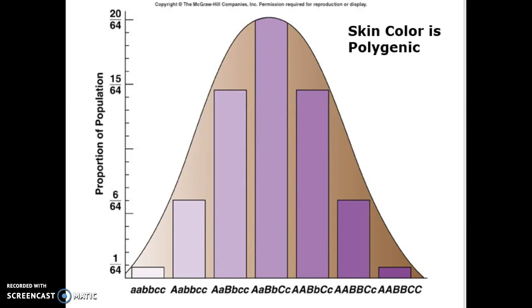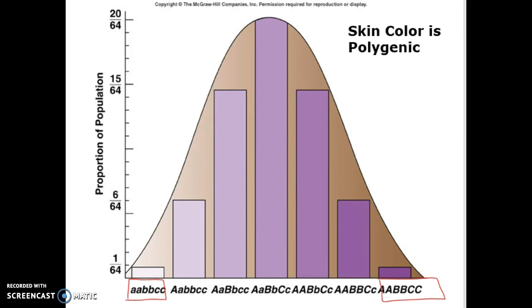Our skin color is due to multiple genes. All right, so think about individuals who have all recessive alleles. Light complexion over here. Individuals who have all dominant alleles, dark expression. So skin color is due to pigment production.